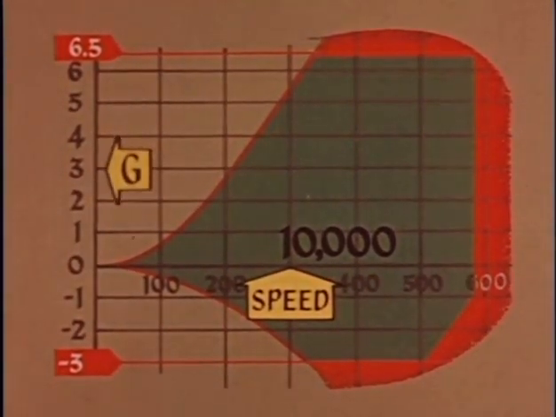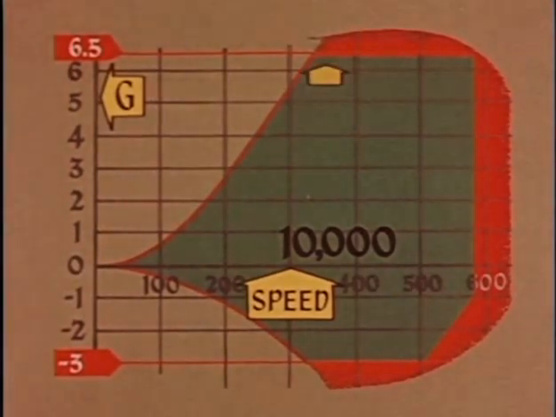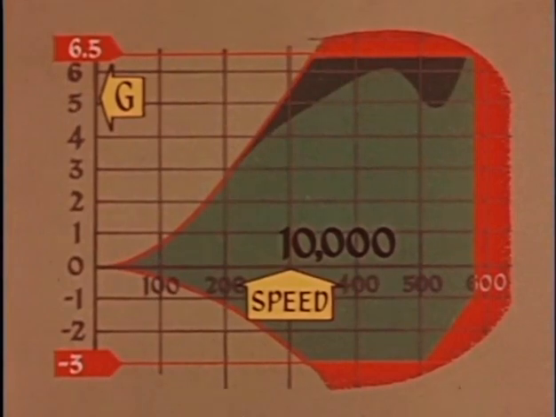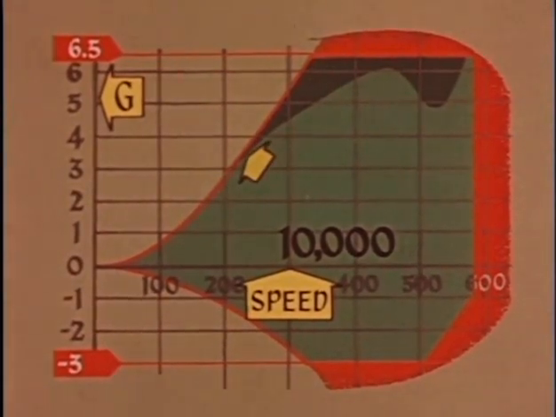This line for G. This line is for maximum allowable G. This for maximum attainable speed of the airplane. This is the buffet area. And this all-important stall line is determined by combinations of speed and G.